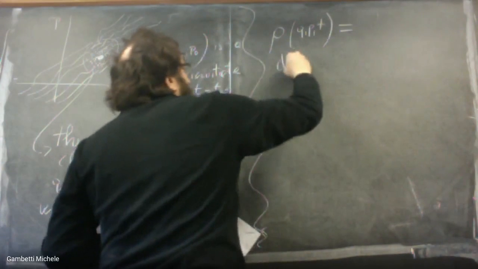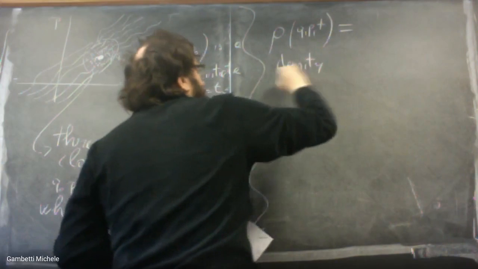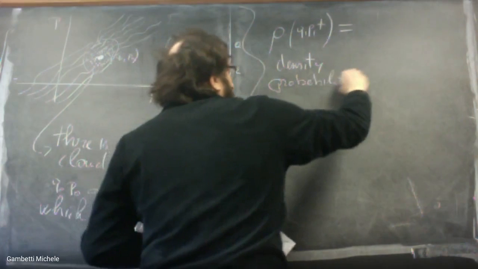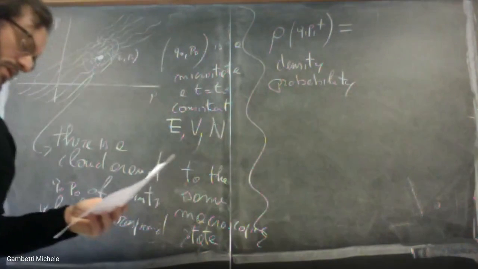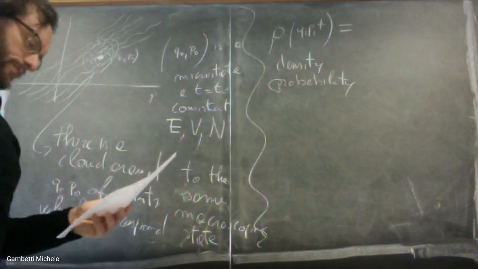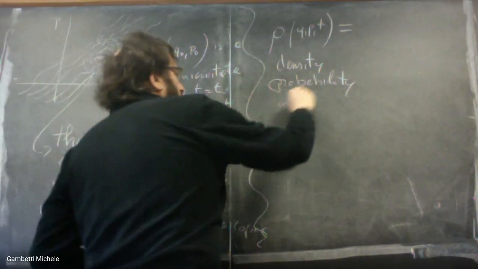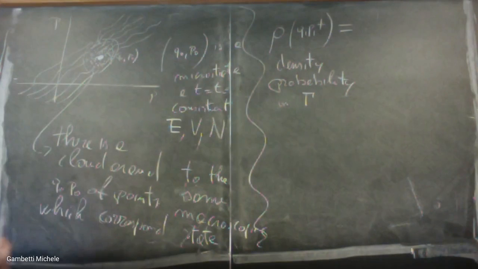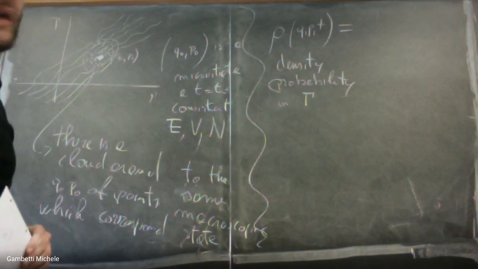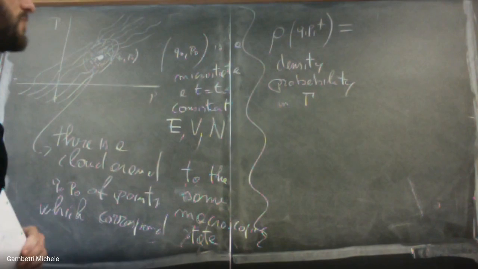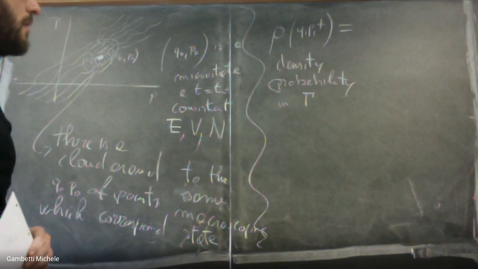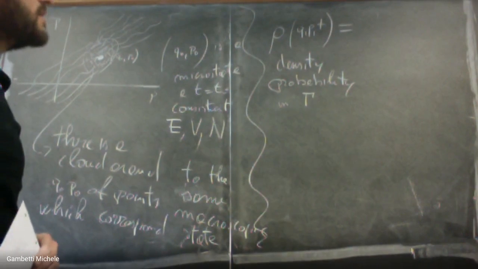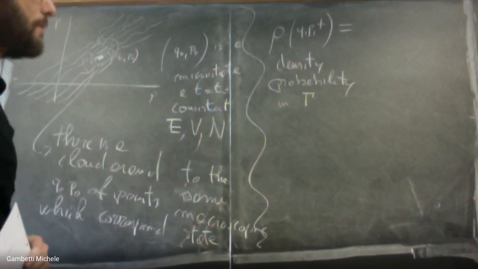It is a density in the space gamma, somewhat similar to the probability that we defined in the Boltzmann transport equation. But that one was in the space mu, whereas here we are in the phase space, which is gamma.